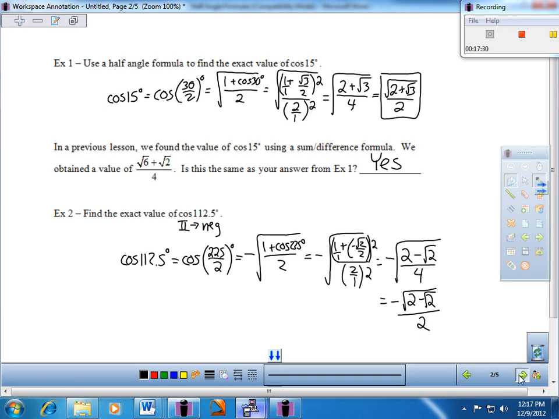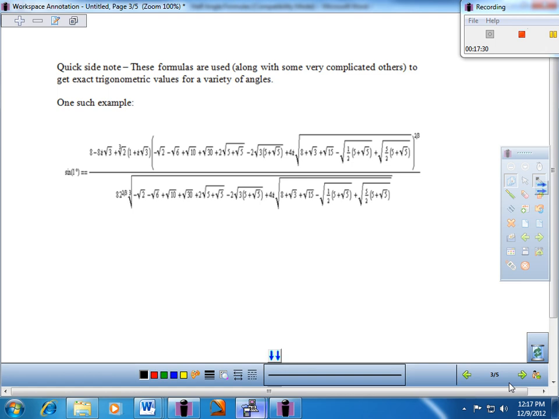Okay, let's do one. Oh, I forgot. There's one little quick side note here, and then our last example. As you can see, obviously these formulas are just meant to expand some of the exact values that we learned in the previous unit, the 30s, the 45s, and the 60s, and so forth. I just pasted this from what I saw online.